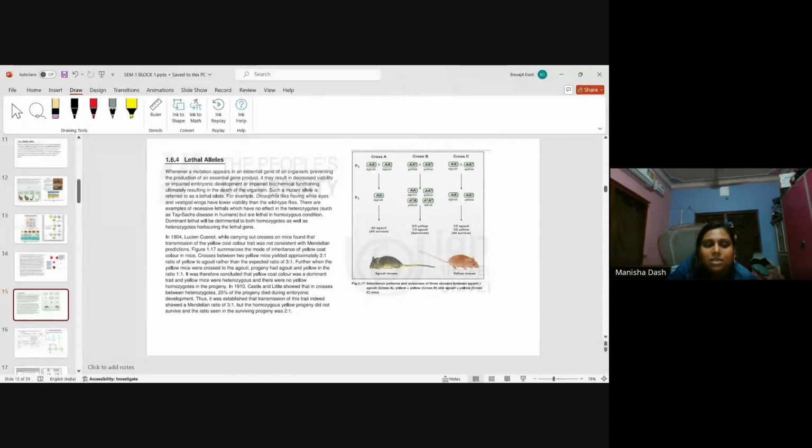So here the normal phenotypic ratio, which should be 3:1, will change to 2:1, because if you compare it with Mendel's monohybrid cross, the first homozygous dominant condition will not survive. So only the heterozygous will give you the dominant character and the homozygous recessive will give you the recessive character. So one of the dominant phenotypes will be lost and the phenotypic ratio will change to 2:1.